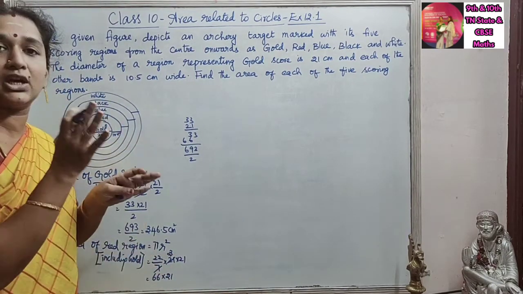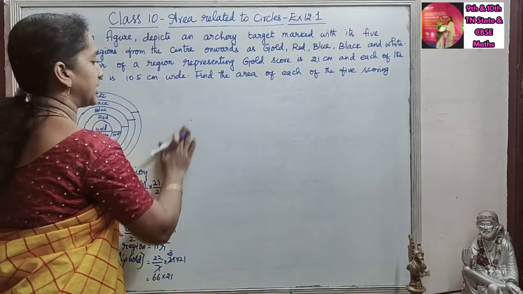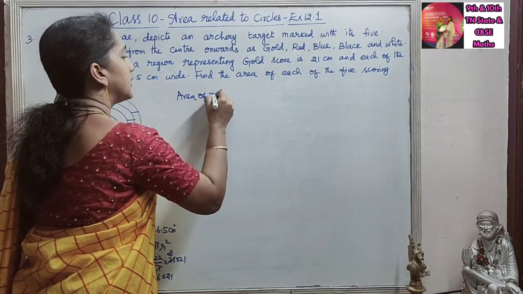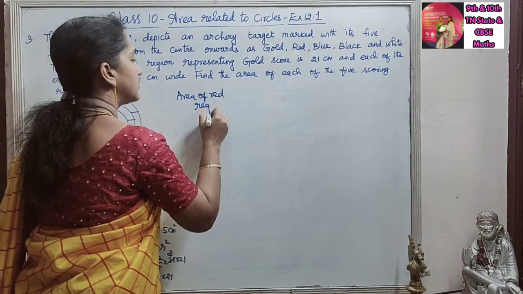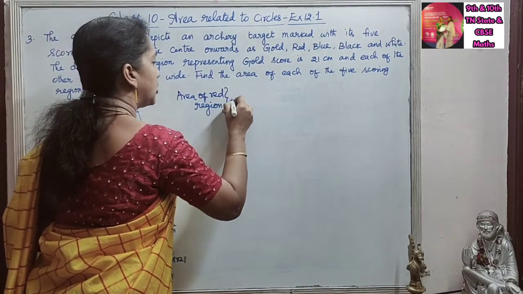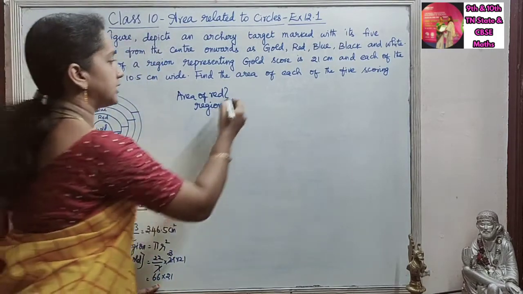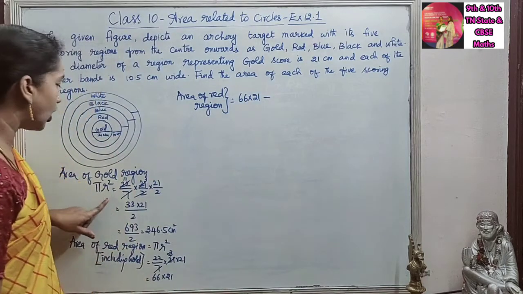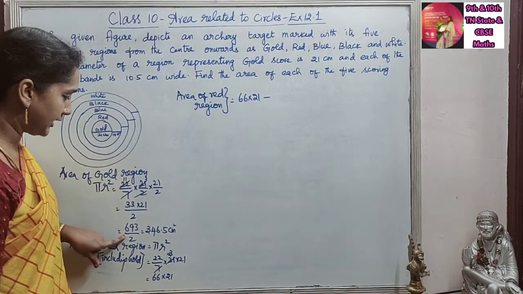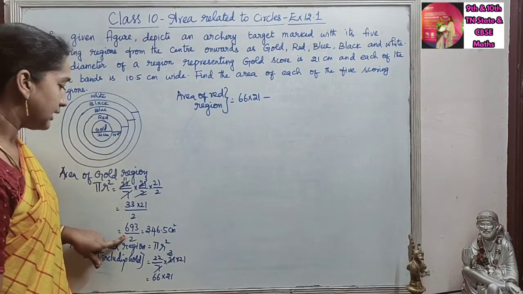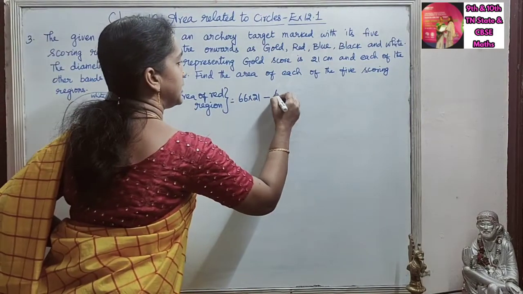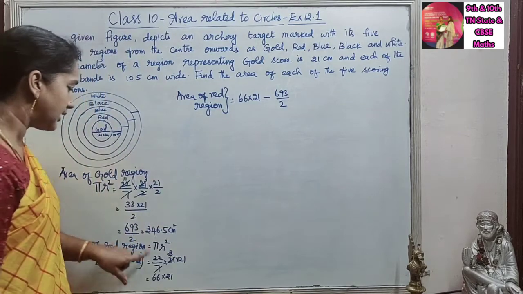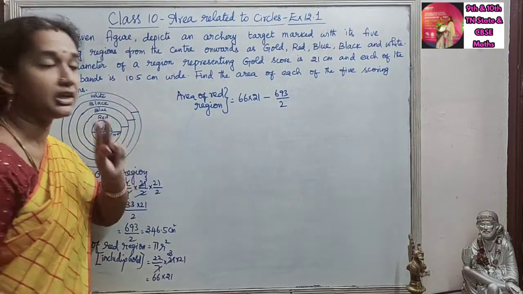Now we will find the area of the red part alone. So area of the red region is equal to full area, that is 66 into 21 minus area of this gold region. That is, we will take this as 693 by 2. So when we simplify this, we will get the area of the red region alone.